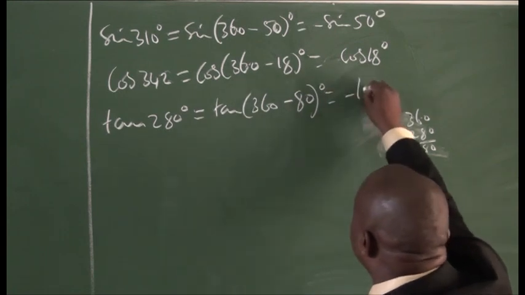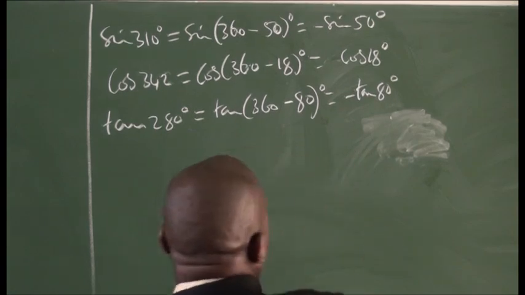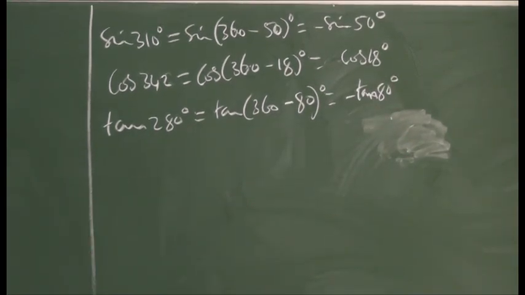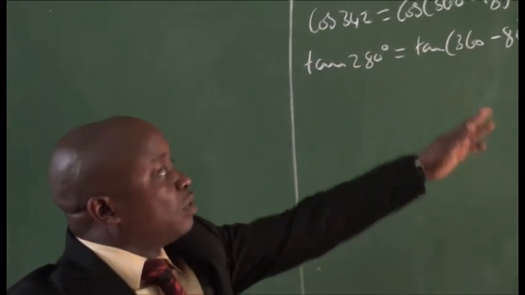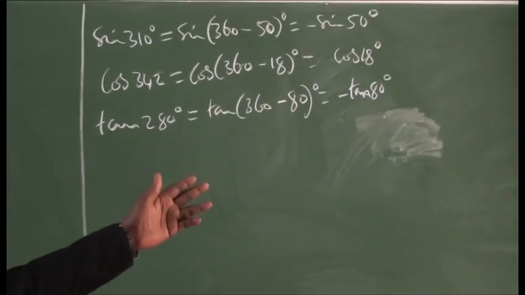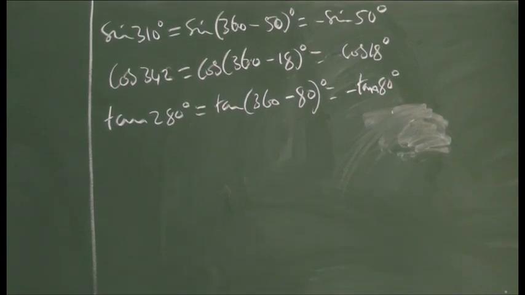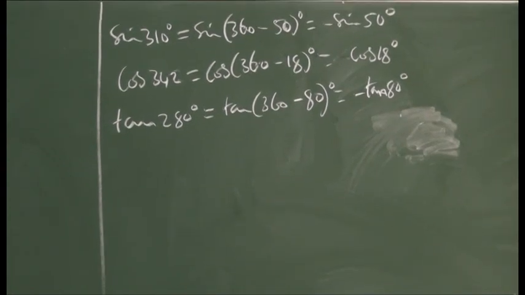That gives you minus tan 80 degrees. All right, minus tan 80 degrees. Okay, so we can then use a calculator to get the values of minus sine 50, cos 18, and minus tan 80. This is how angles in the fourth quadrant are solved.